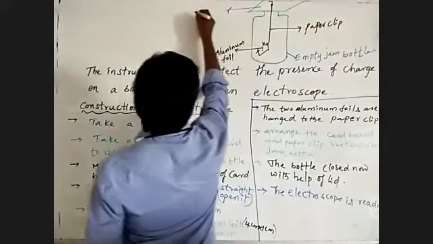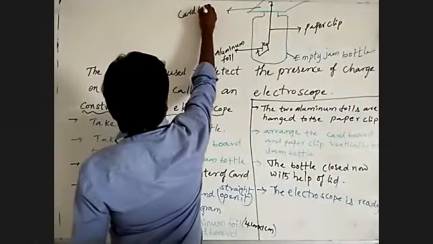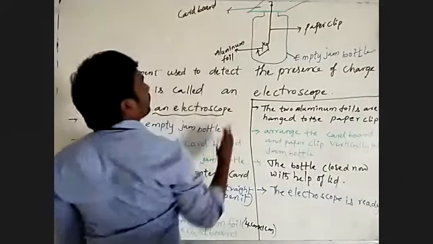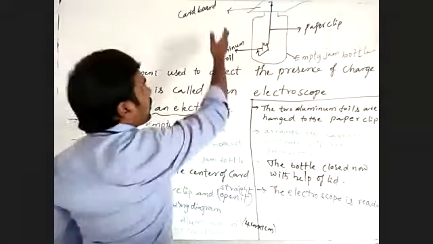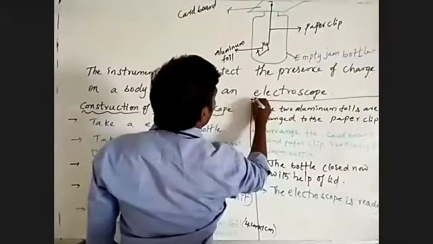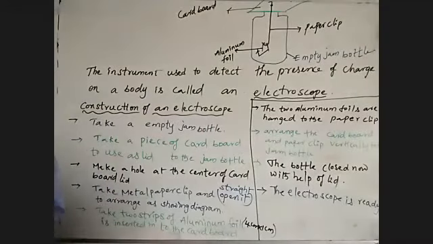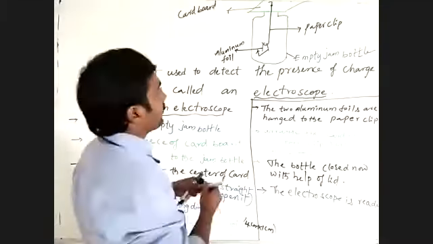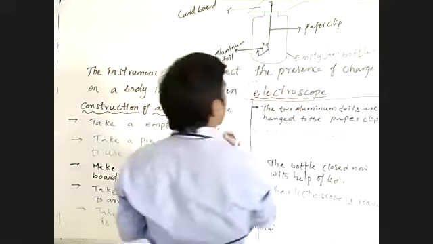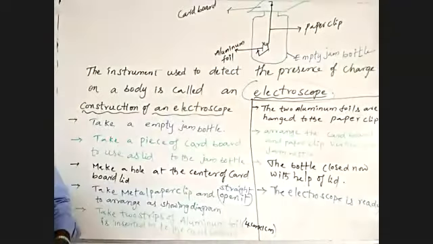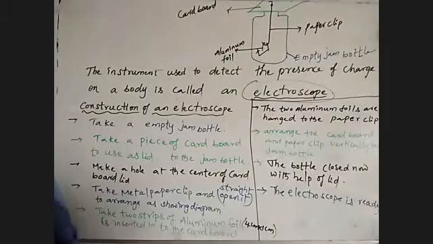And this is a cardboard. And this whole equipment is what? Electroscope. What we constructed is an electroscope. See, write yourself.